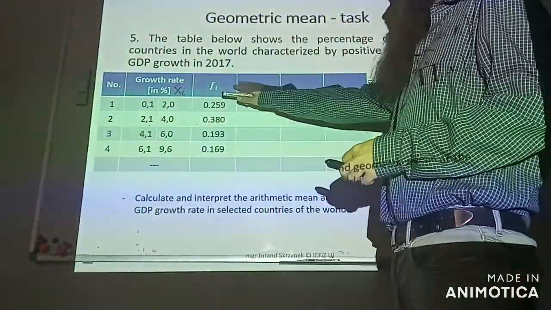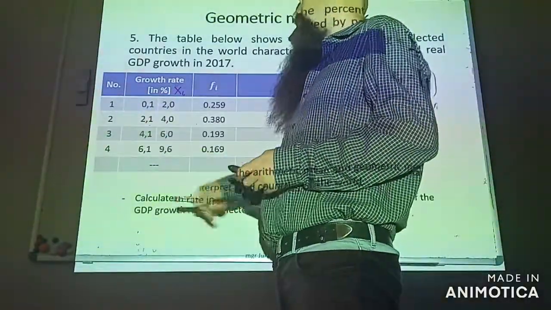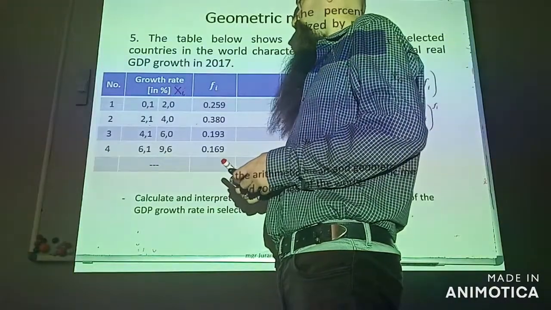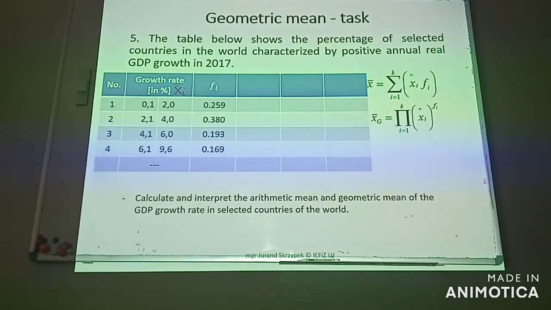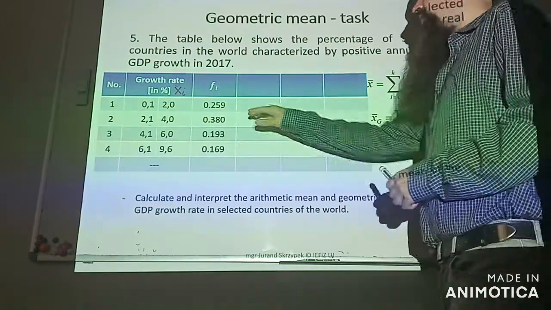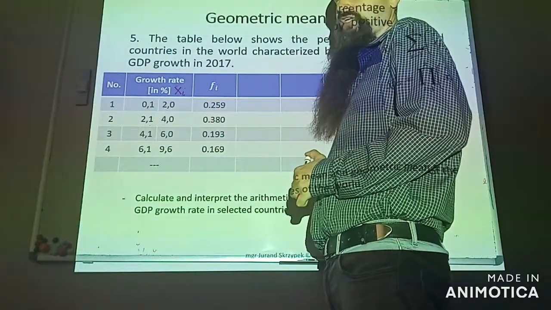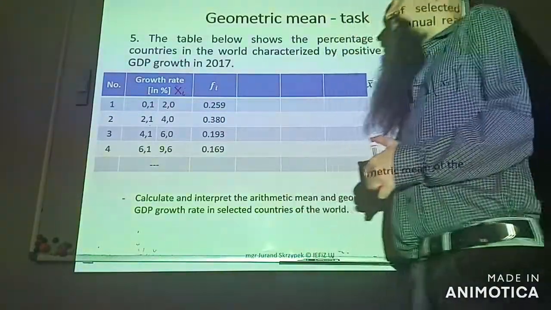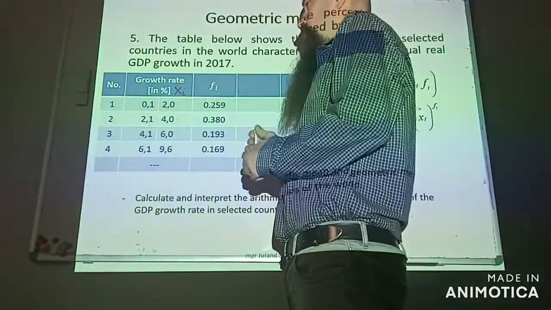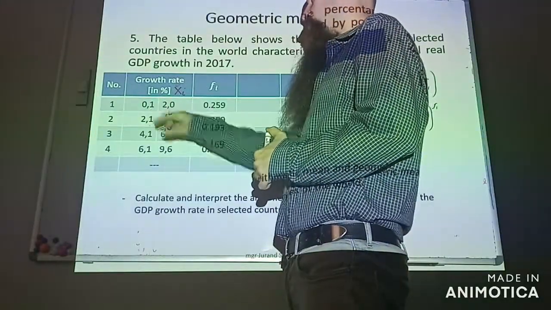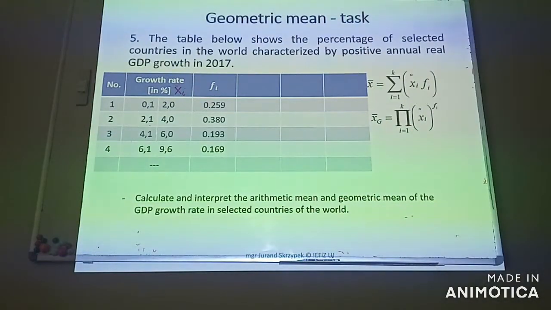Here we have the percentage of countries which are characterized by the next growth rate tempo of GDP. So, first value: almost 26% of countries are characterized by GDP growth rate from 0.1 up to 2% per year.